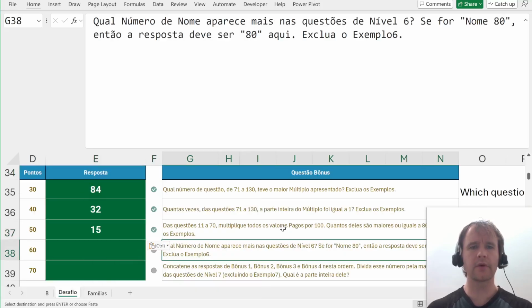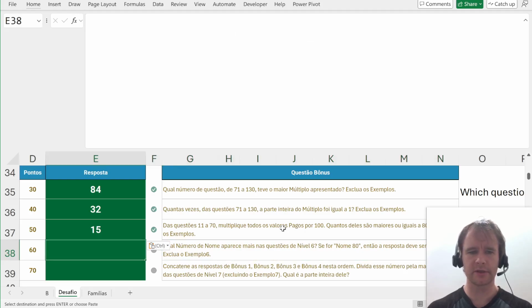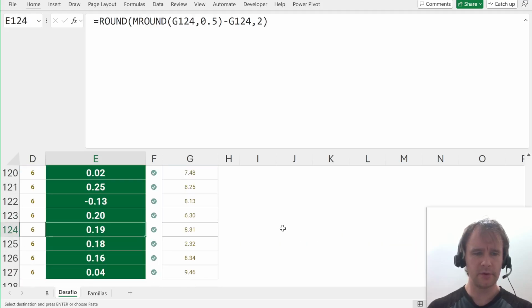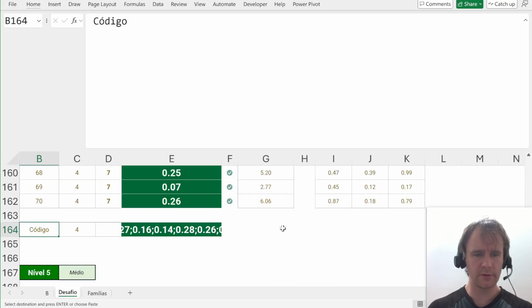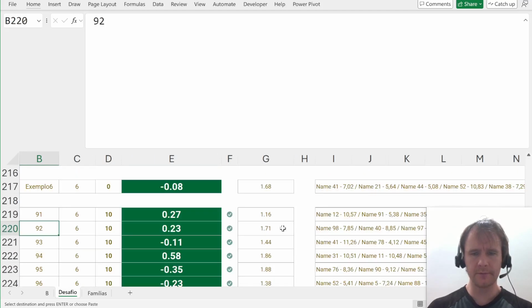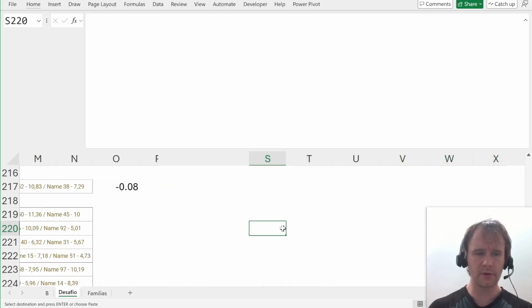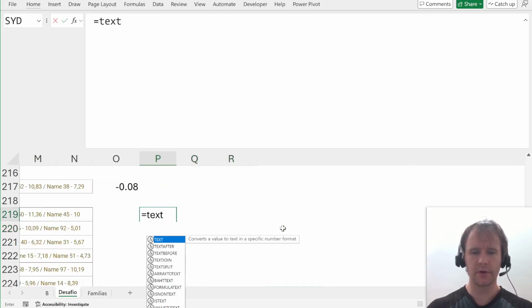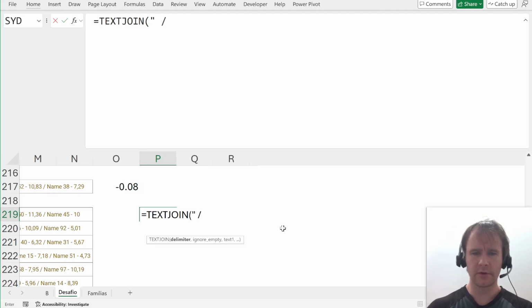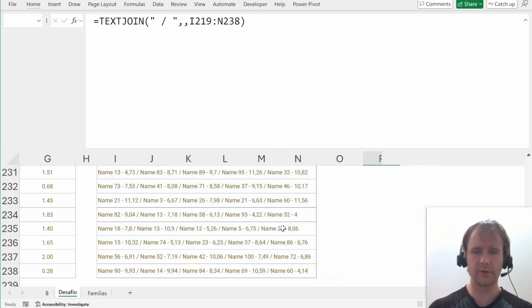Good. Okay, what is the number of the name that appears most often in level 6? So we can zip down here. Now, where's level 4, level 5, level 6? So first I just want to combine these all into one. So say text join. That's the delimiter that gets used. All of these.